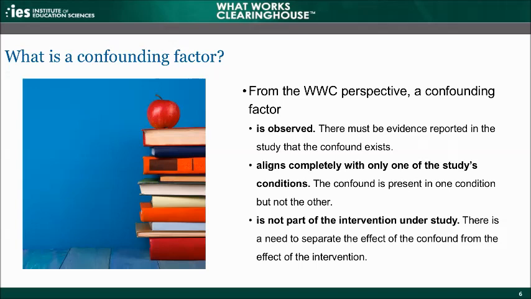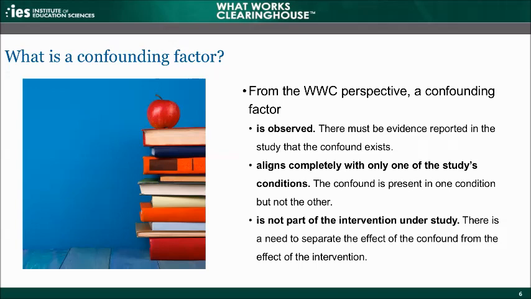Secondly, a confounding factor aligns completely with only one of the study's conditions. That is, the confound is present in one condition, but not the other. And lastly, a confounding factor is not part of the intervention under study. That is, there is a need to separate the effect of the confound from the effect of the intervention.